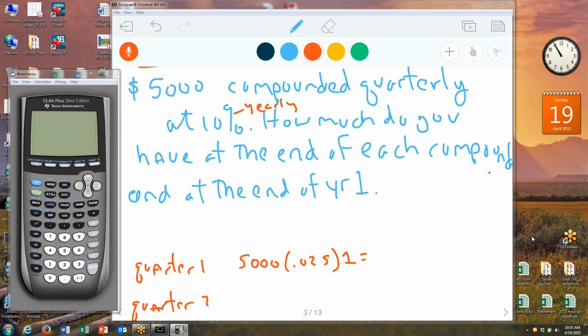So this turns out to be, if I just go ahead and do this on my calculator here. My calculator fell asleep again. There it goes. So 5,000 times 0.025.